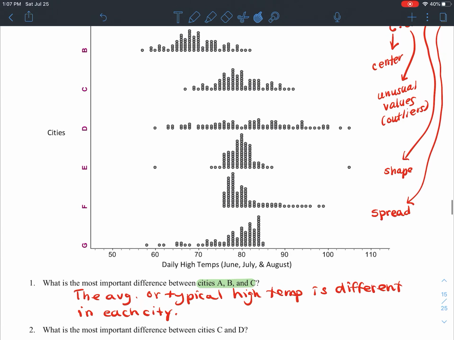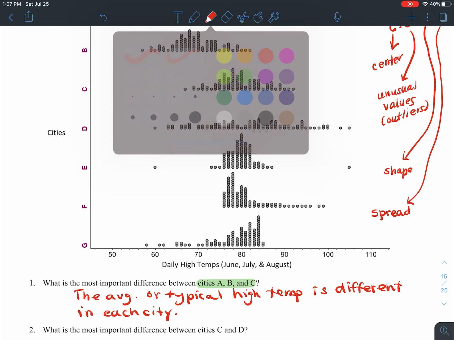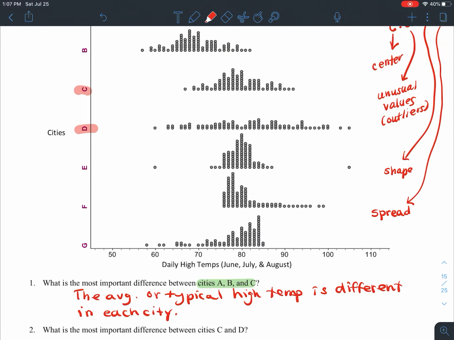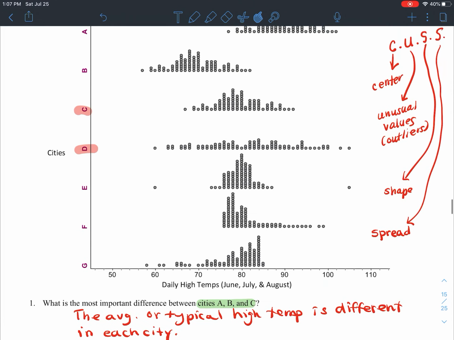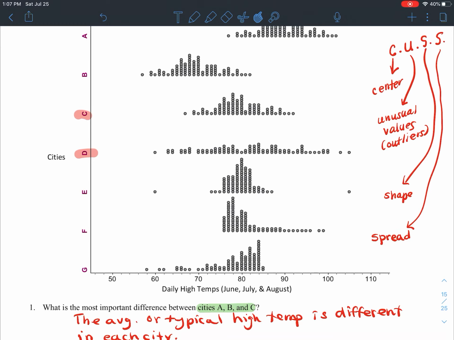Now, what is the most important difference between cities C and D? Okay, so now we're looking at these 2. Okay, again, think back to our CUS acronym. What does it look like is the most important difference for this? Okay. Now, if I look at the center for city C, I might say here, the center for city D, maybe somewhere here. They're not that far off. So I don't know if it's really the center so much as it kind of feels like the spread.